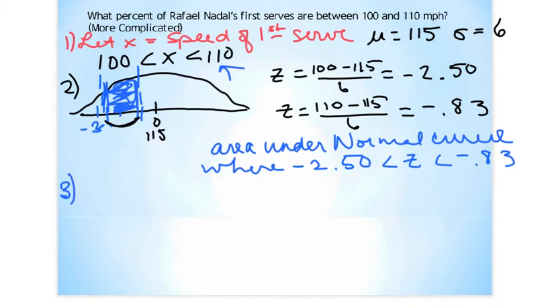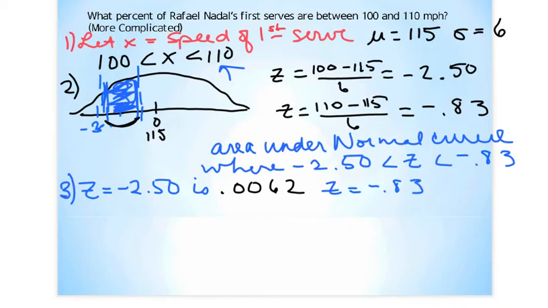So first we're going to look at Z at negative 2.50. The area is 0.0062. And when Z is negative 0.83, the area under the curve is 0.2033.